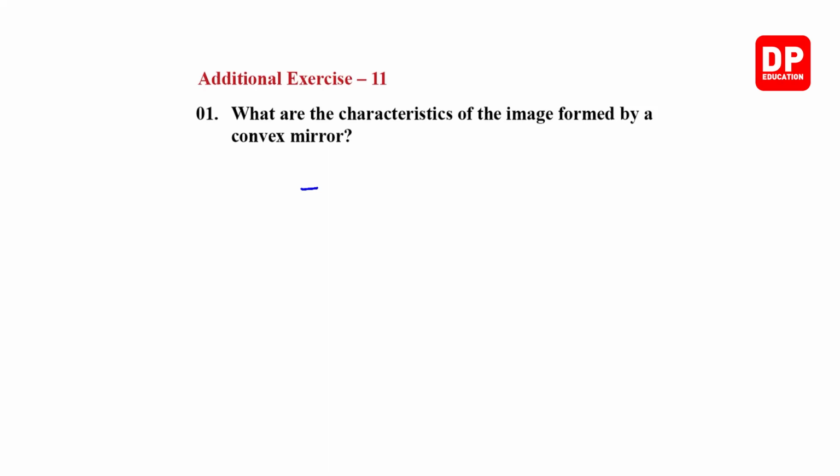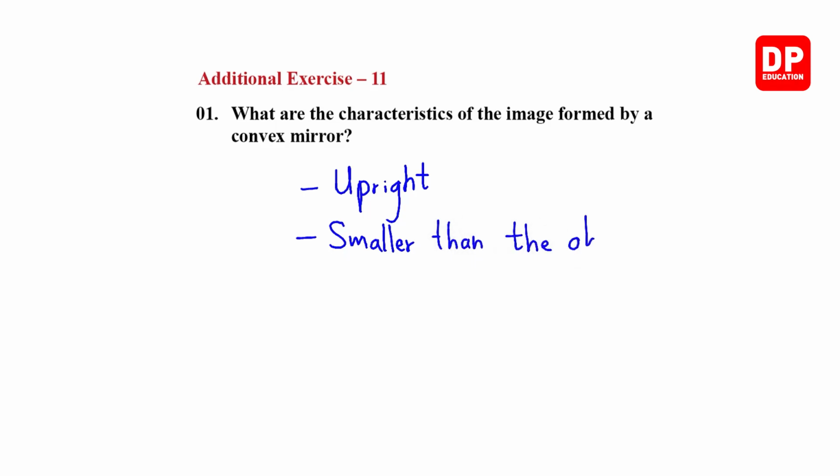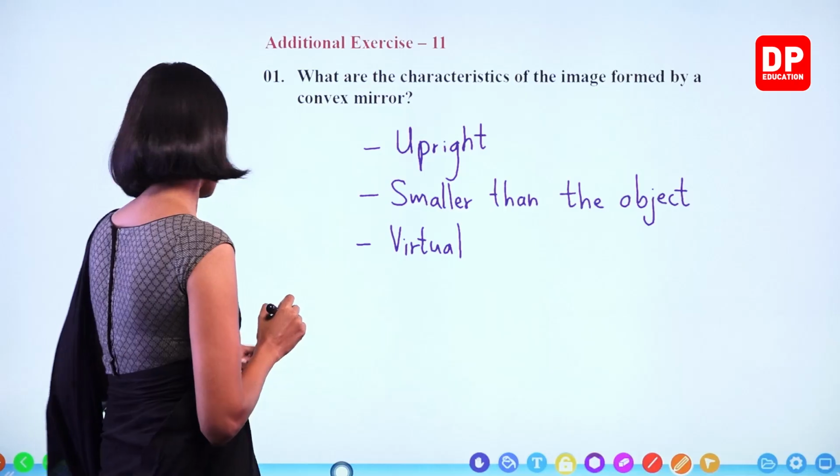They are always upright and they are always smaller than the object. They are always virtual, which means we cannot take them onto a screen, right?